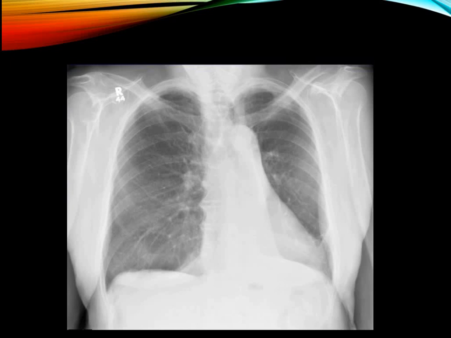This is the first observation. The second is that behind the heart we have two lines, as if there were two cardiac borders. This is called double left cardiac borders, or retrocardiac triangular opacity. The third observation is that normally the left dome of the diaphragm is lower than the right dome, but in this chest X-ray the left dome is higher than the right.